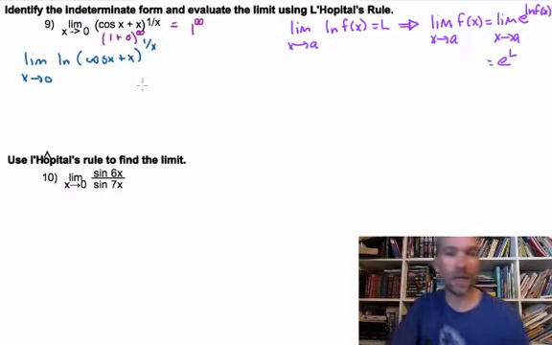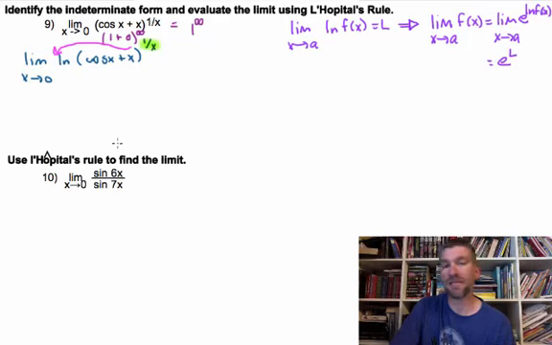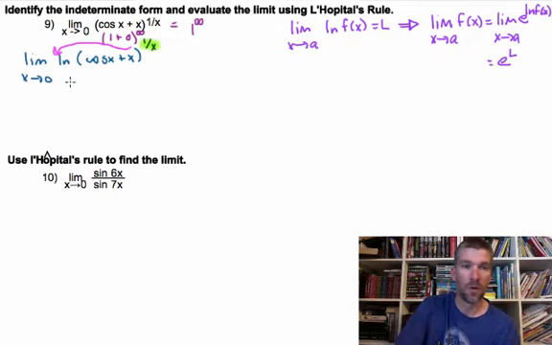What we can do with that then is, since we're now working with natural logs, we can move the exponent of this problem out into the front, and we've got a different setup, and it gets that 1 over x out from being in the exponent. So I'm not going to worry about the limit right now. I'm just going to work with the logarithm part. So it would be 1 over x times the logarithm of cosine x plus x.